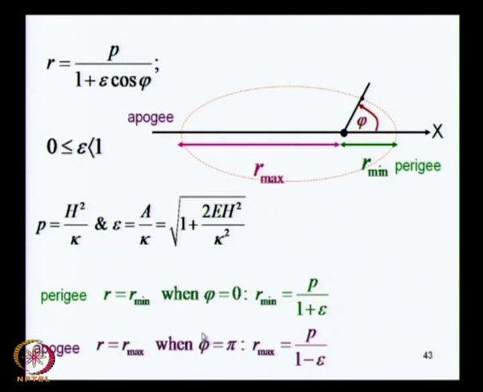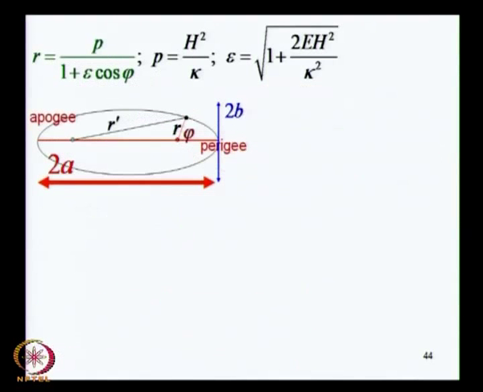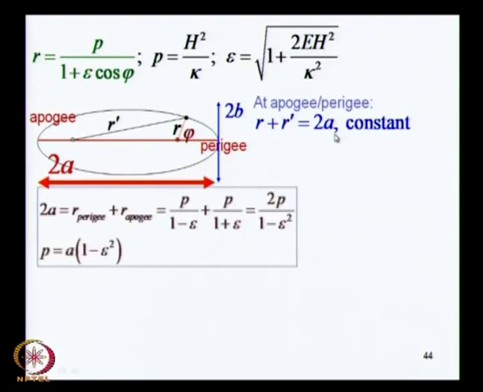The apogee is the maximum distance, which is p over 1 minus epsilon, and you can see that if you just add these distances r and r prime from the two foci, then this 2a is a constant, and you can get it by simply adding the minimum distance and the maximum distance.